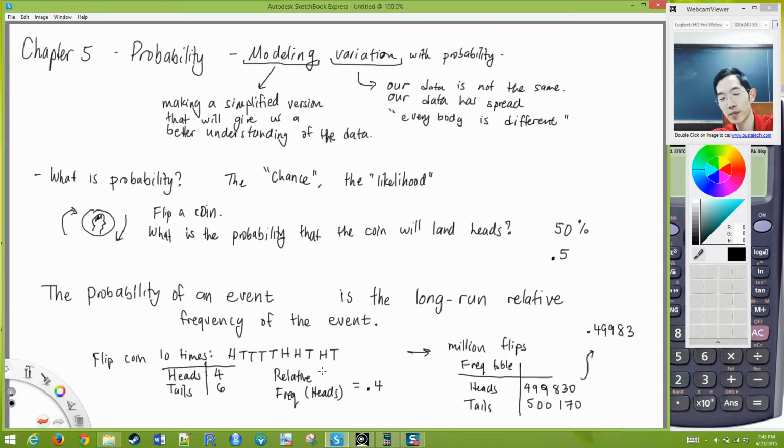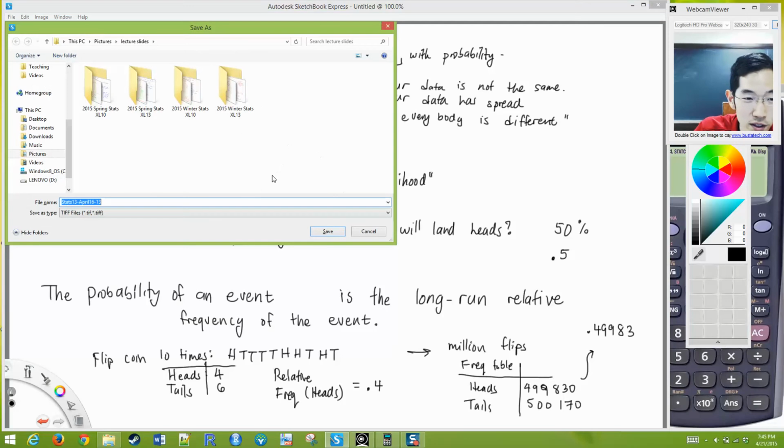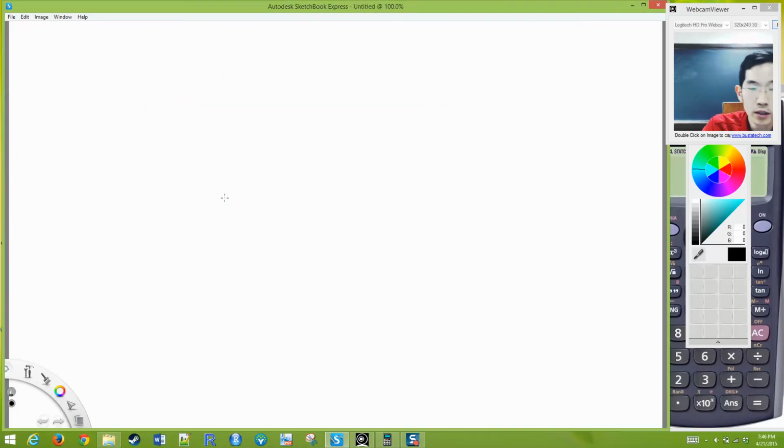Okay, so the idea is that as we do this event in the long run, more than 10, more than 1,000,000, more than 1,000,000,000, as we approach infinity, let me just write this definition. Probability is the long-run relative frequency.